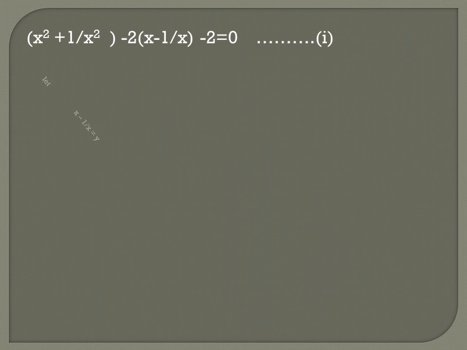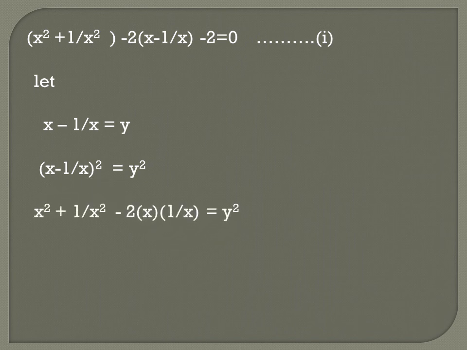Now we suppose that x minus 1 over x equal to y. By squaring both sides of this equation, we can write (x minus 1 over x) whole square is equal to y square. By expanding the square on the left hand side using the formula (a minus b) whole square is equal to a square plus b square minus 2ab, we can write it as x square plus 1 over x square minus 2 into x into 1 over x is equal to y square.